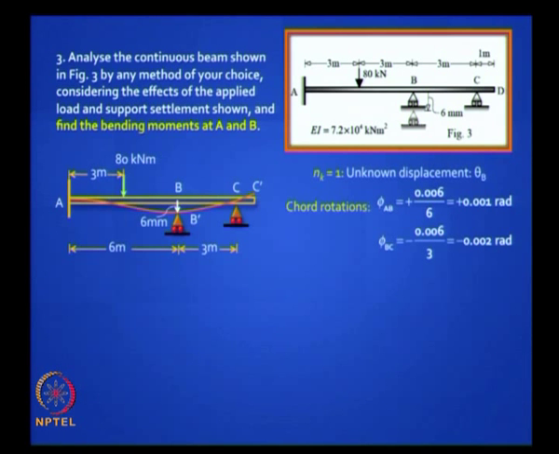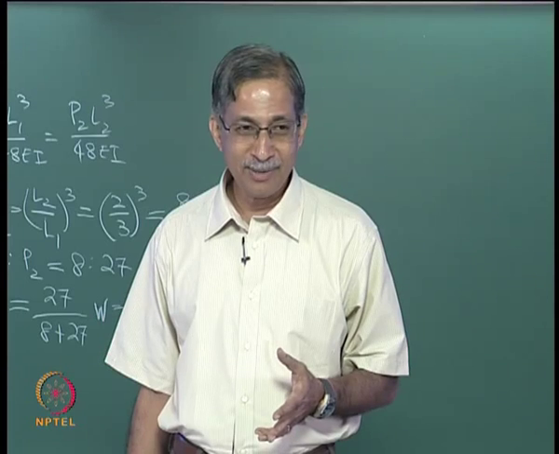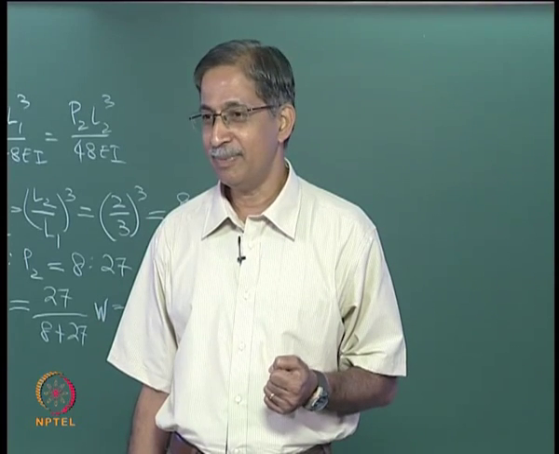It's very easy, the unknown rotation is theta B, and chord rotations are very easy to calculate. Some of you messed up in the chord rotation itself. You wrote phi AB is 6 divided by 6 equal to 1. You have 6 apples and 6 oranges, you can't mix them up.